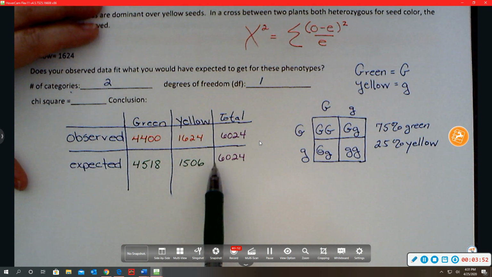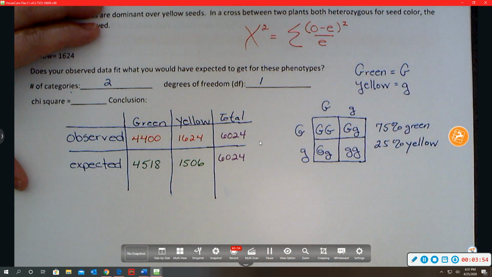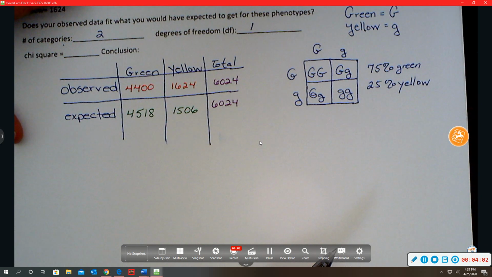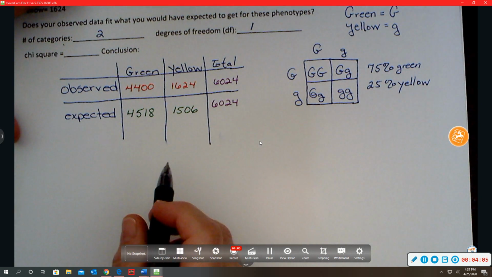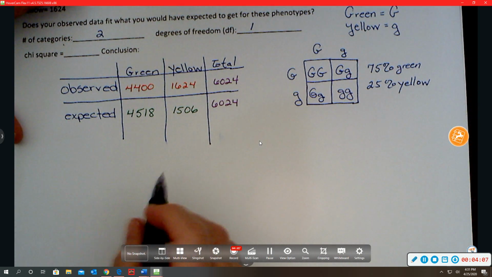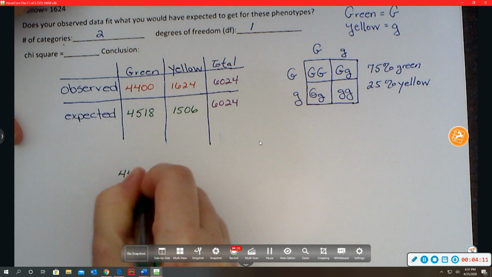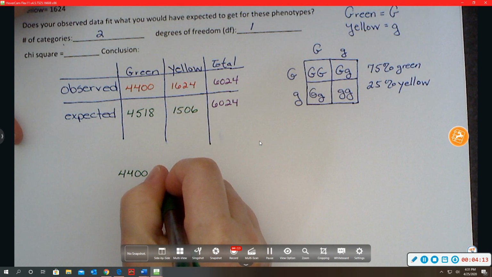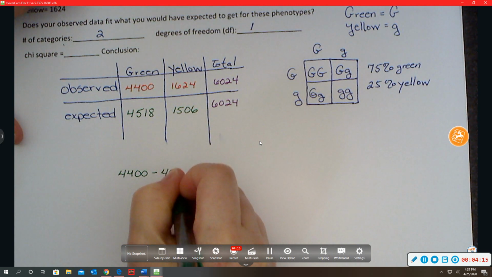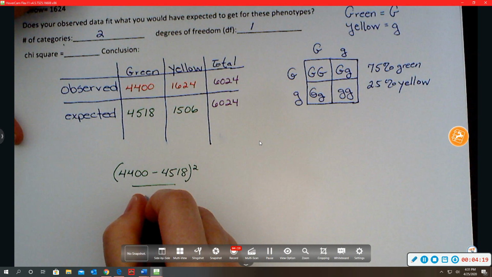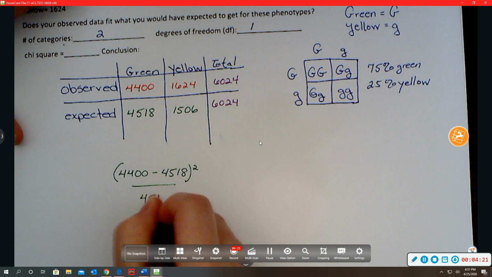I'm ready to plug my numbers into the formula. In our last problems, you had a chart to do this, but you don't really always need the chart. You can make one if you like, but sometimes it's just easier to write it out. All right, so observed, 4,400 minus expected. Don't forget to square that and then divide by the expected value.